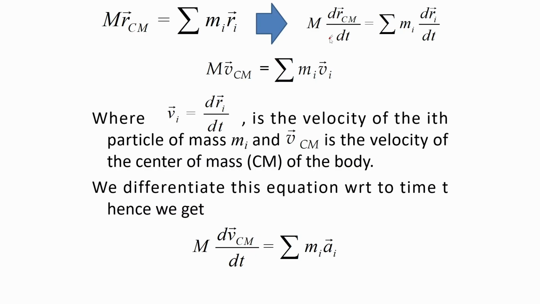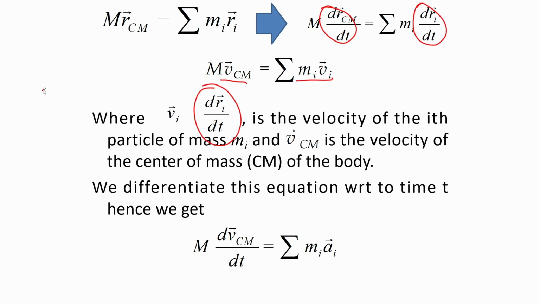We can also transform it into a derivative form: M drCM over dt is equal to the sum of m_i dri over dt. So clearly, it is no longer just a distance, it is now a motion, a velocity. So M times the velocity VCM is equal to the sum of the individual masses times the individual velocities, where vi is equal to dr over dt, the velocity of the ith particle, and VCM is the velocity of the center of mass of the body.